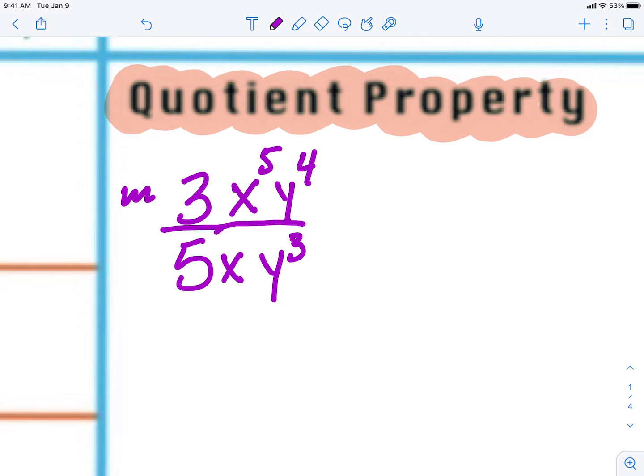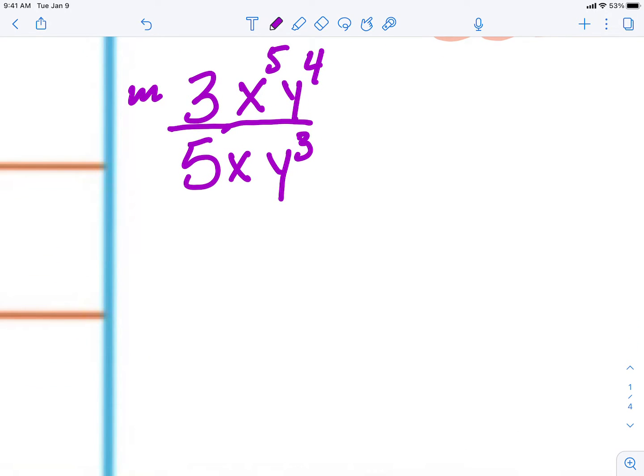Same thing as always, we're going to separate. First we do the regular numbers, which here are 3 and 5. So I'm going to write 3 divided by 5. Next, I'm going to do x.